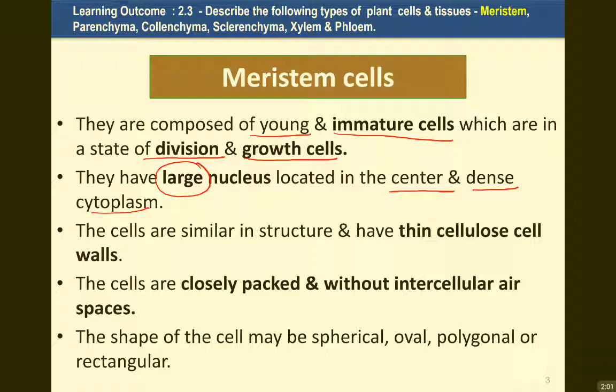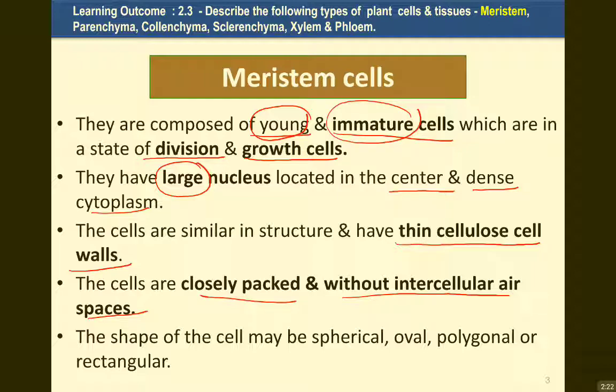So the cells are similar in structure, and they have only thin cell wall. Okay, thin cell wall because they are still young. Right? So the cells are closely packed and without intercellular airspace. So you relate it to the immature characteristics.